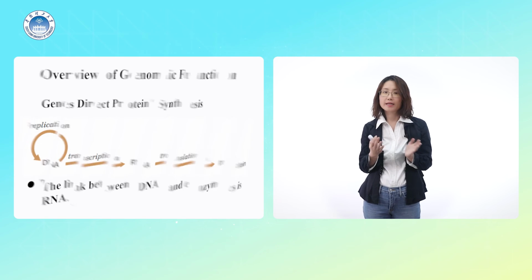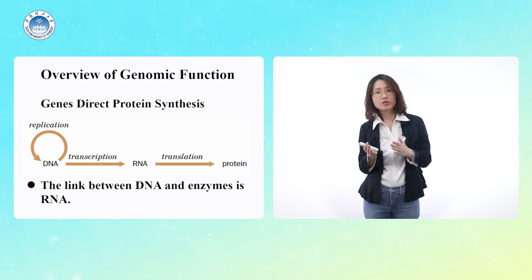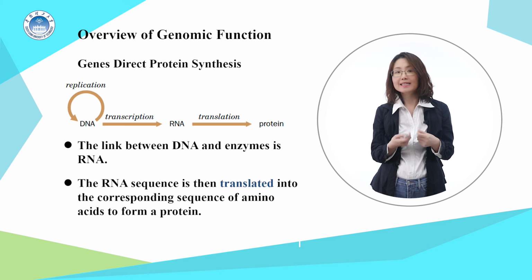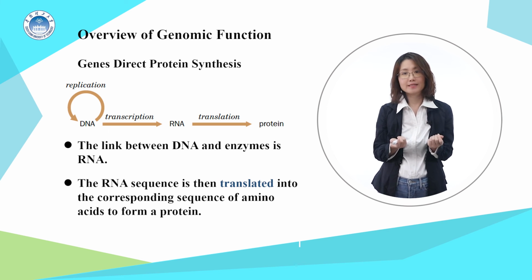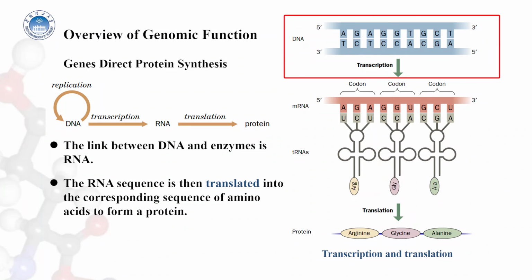So genes direct protein synthesis. The link between DNA and enzymes is RNA. The DNA of a gene is transcribed to produce an RNA molecule that is complementary to the DNA. The RNA sequence is then translated into the corresponding sequence of amino acids to form a protein. As for transcription and translation, one strand of DNA directs the synthesis of messenger RNA, short for mRNA.